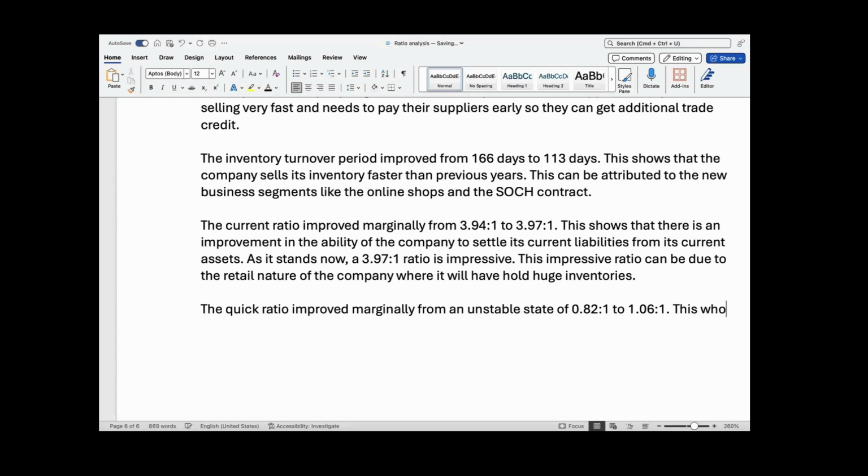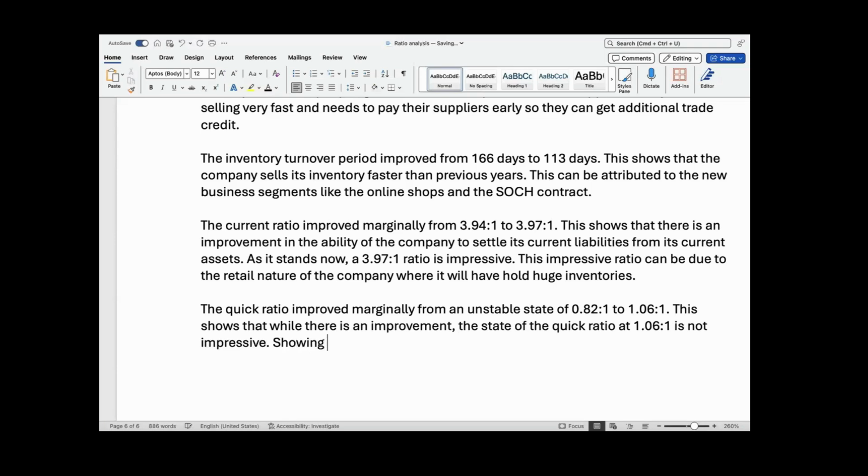This shows that while there is an improvement, the state of the quick ratio at 1.06 to 1 is not impressive. It's not impressive.